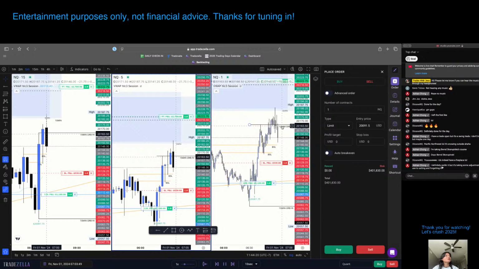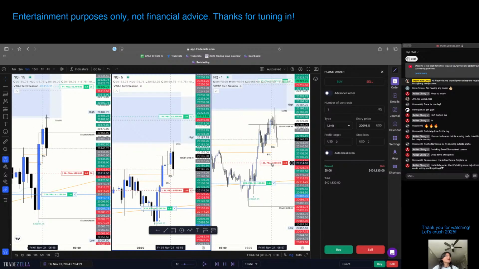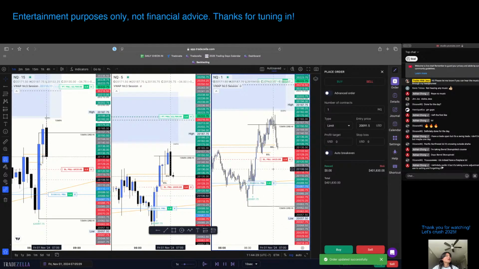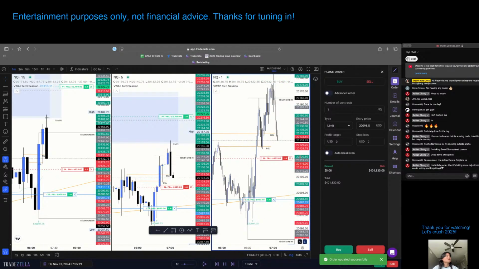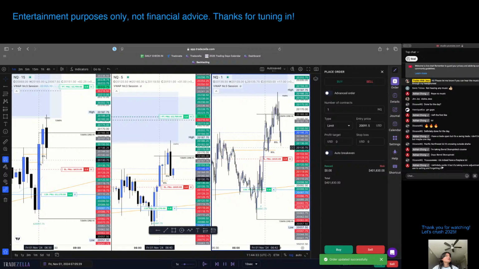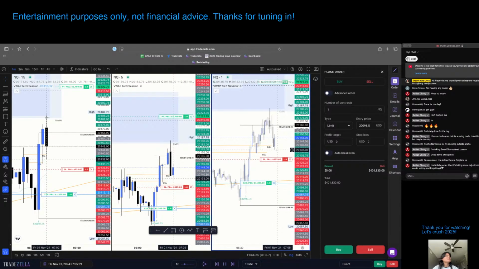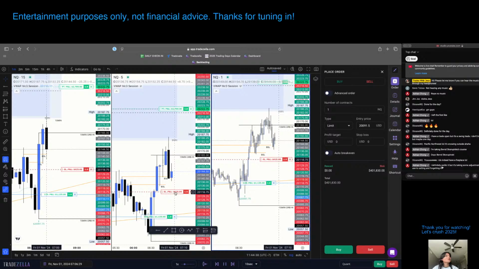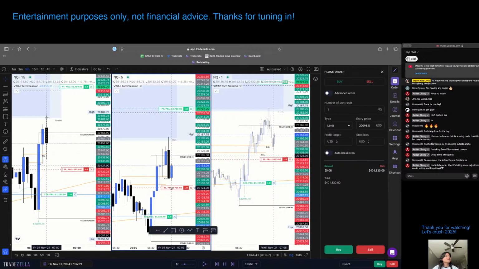We tried to retest, and it was an obvious fail for right now. Let's see how we react around here. Obviously, if we break and close below this, then we will be out. Let's see if this holds. I am going to go ahead and move this even tighter to this right here.